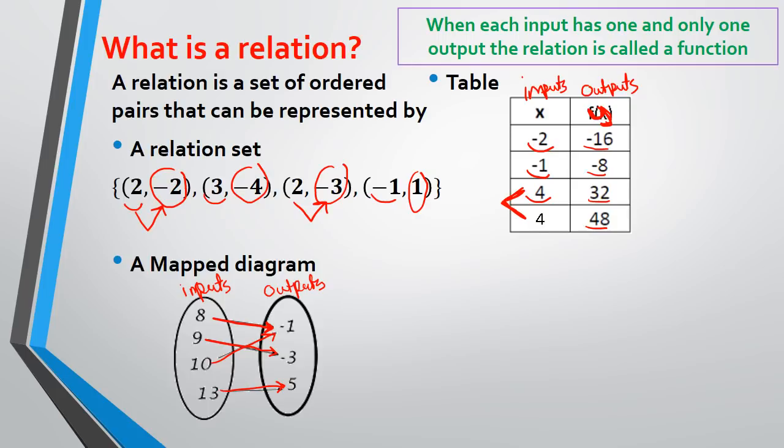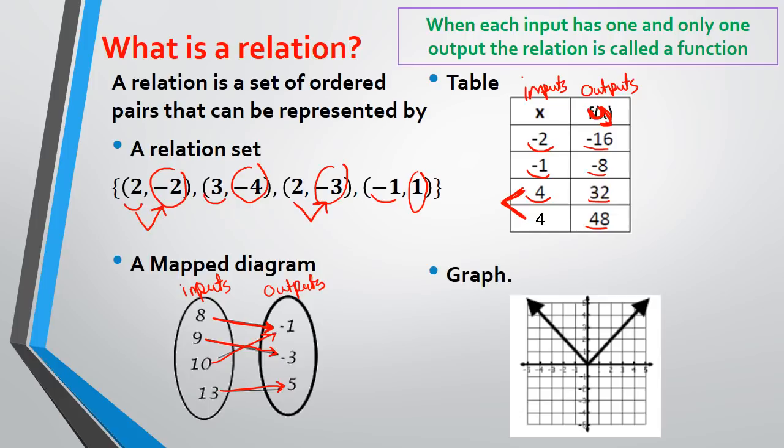The fourth way of representing a relation is by a graph. And we know from past units that each point on the graph is represented by a coordinate pair. So I'm going to choose these points on the graph to represent coordinate pairs that can be part of inputs and outputs.